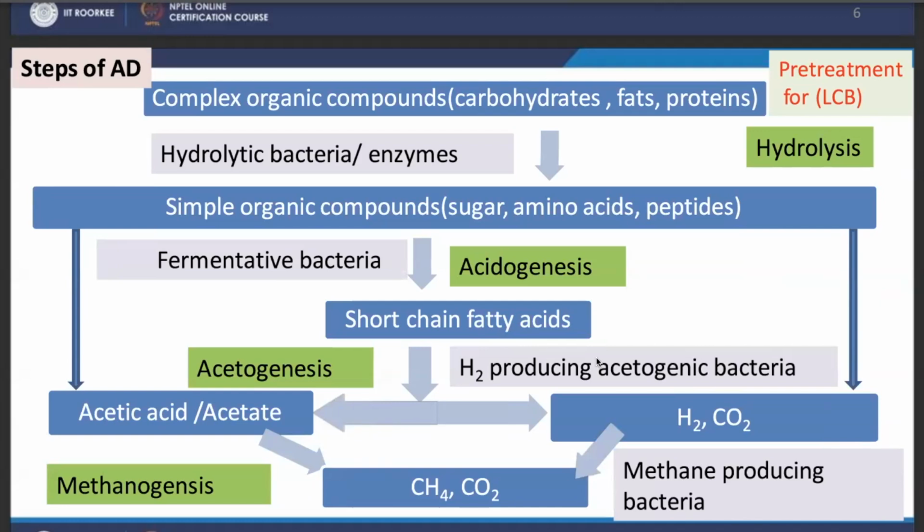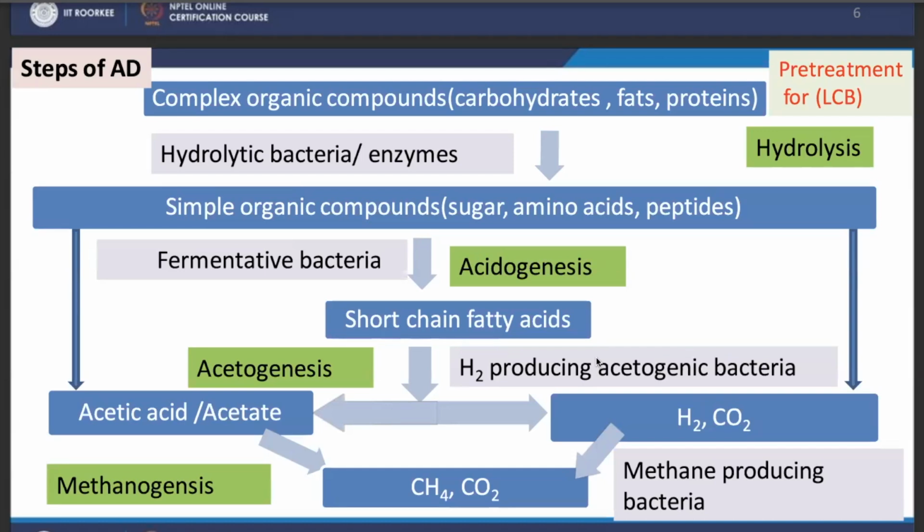Here is the role of anaerobic digestion, right? We are not subjecting it to aerobic digestion, we are subjecting it to anaerobic digestion, and it is called fermentation. So when we subject small organic compounds to fermentation, the microbes which depend upon fermentation for their energy are called fermentative bacteria. They convert these small compounds into short chain fatty acids.